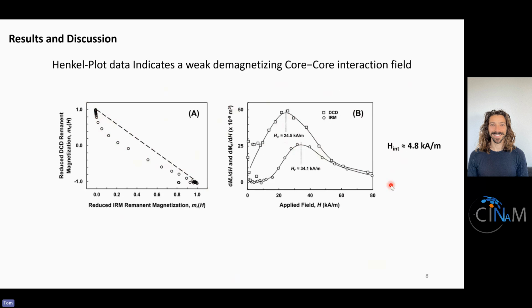That means the demagnetizing effect is small in our particle. And we demonstrate that the heating properties of this particle are almost 60% more efficient to transfer magnetic properties to temperature to destroy cancer cell.